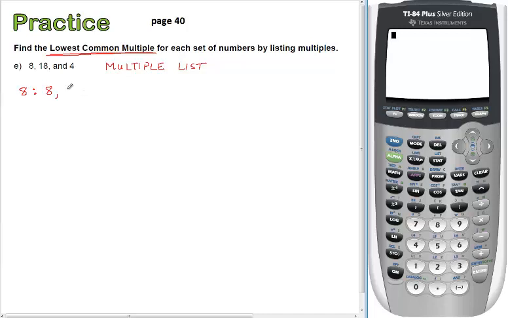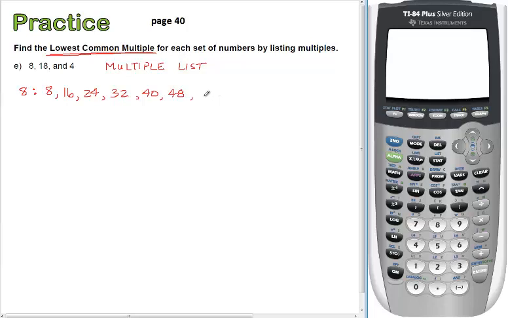Then for the next multiple of 8, you just add that number. 8 plus 8 is 16, or multiply by 2. So 16 will be called a multiple of 8. And we keep adding 8 or multiplying by the next consecutive integer. So 3 times 8 is 24, or 16 plus 8 is 24. 32 would be next, 40 would be next, add 8, 48.